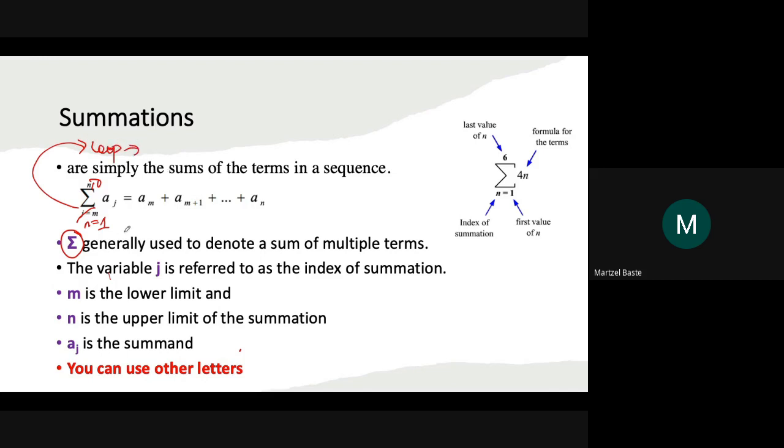Okay? So now, what is the a sub j? The a sub j is actually the summand. This is the driver of how we manipulate the values or the series. Since it is a summand, any value can be used, it can be n, m, or i, it depends.